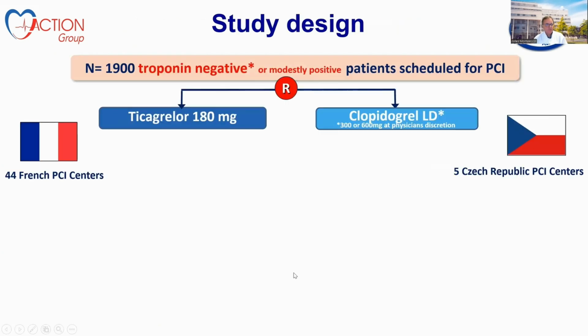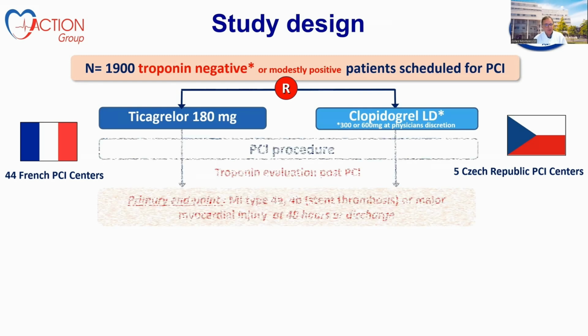So the study design is pretty simple. We recruited patients who were very stable for the coronary disease and were scheduled for PCI, and they were randomized to Ticagrelor versus clopidogrel.